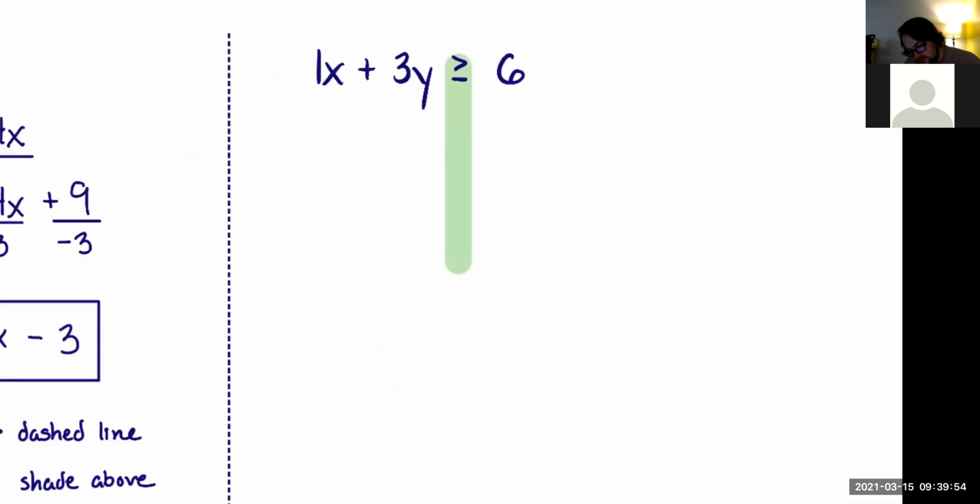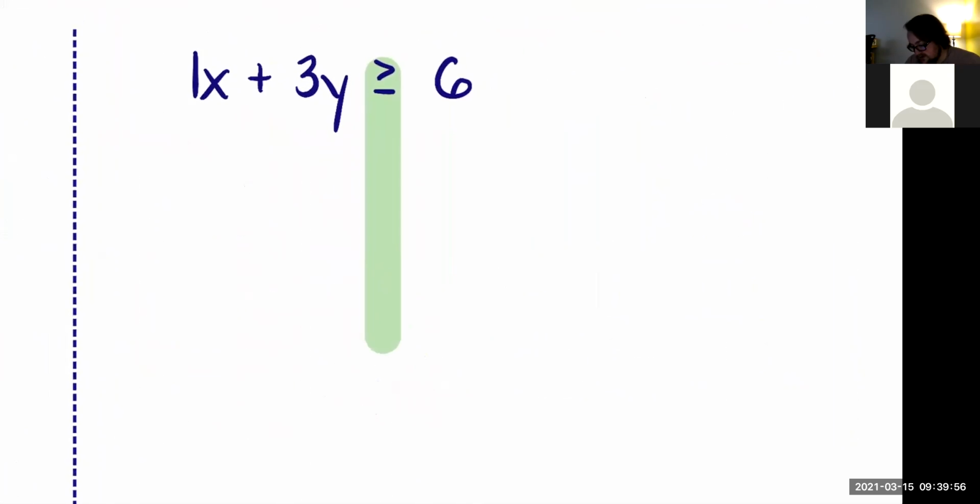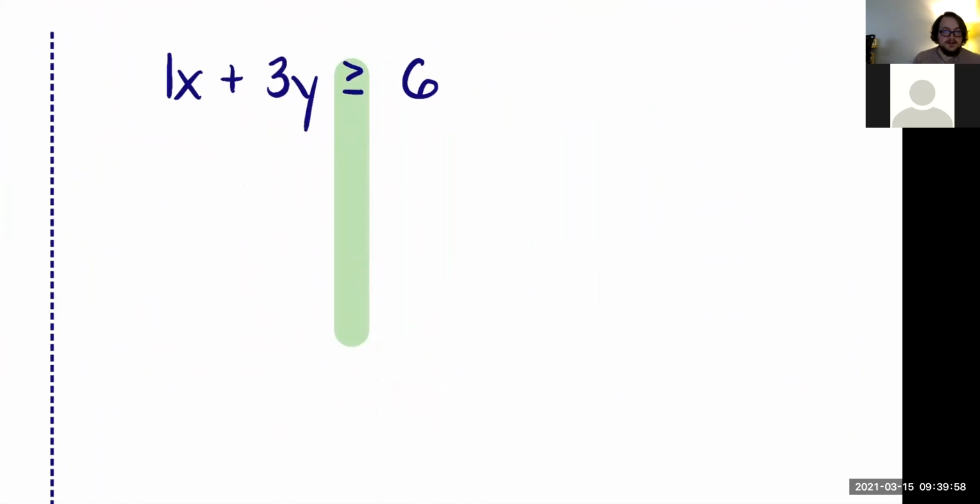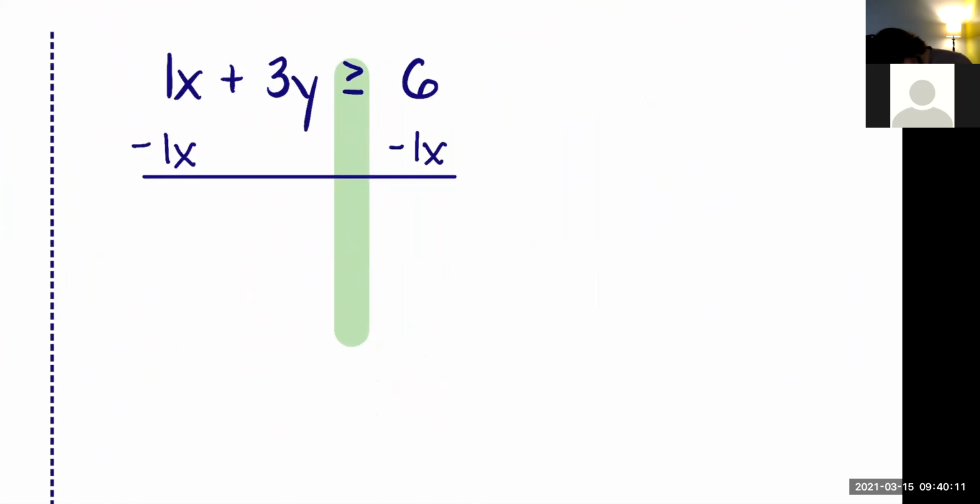Then we come over, we take a look at our second one. Working towards slope-intercept form yet again, what would we move first? The x. So I'm going to subtract that 1x from both sides, which removes it from the left-hand side, leaving me with 3y is greater than or equal to.